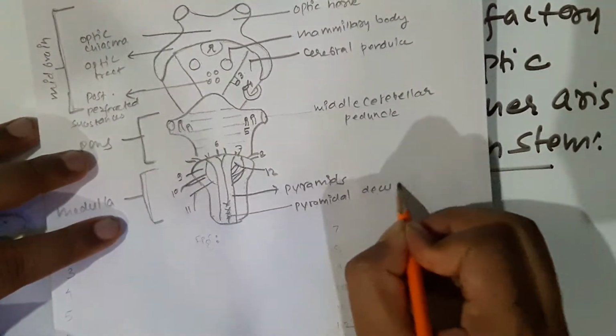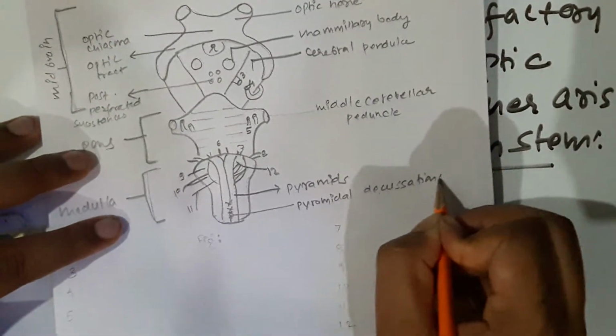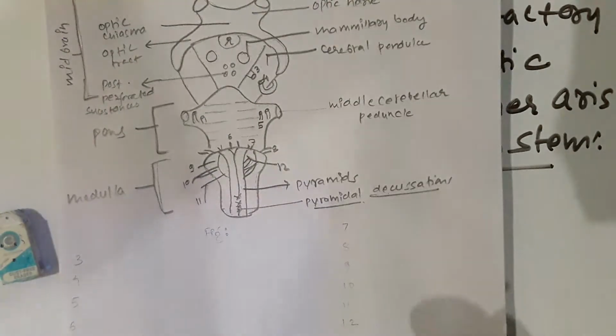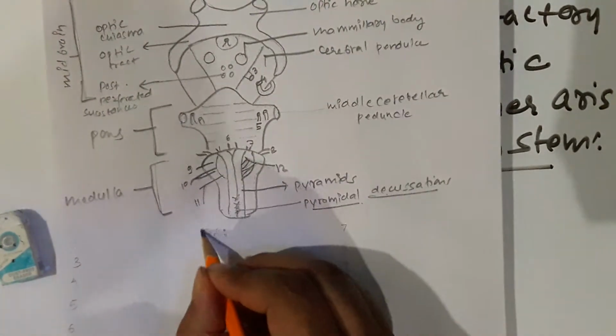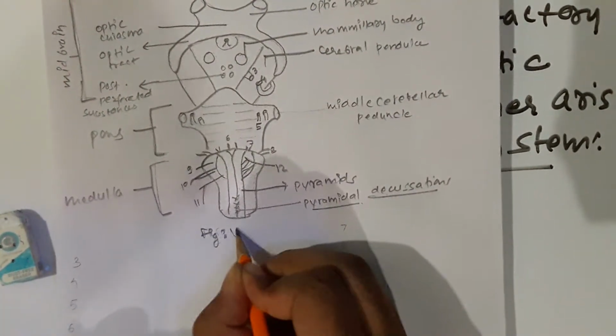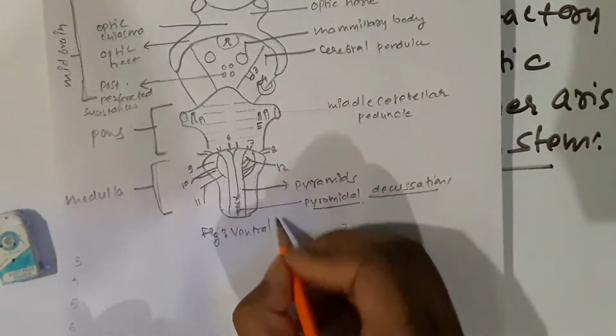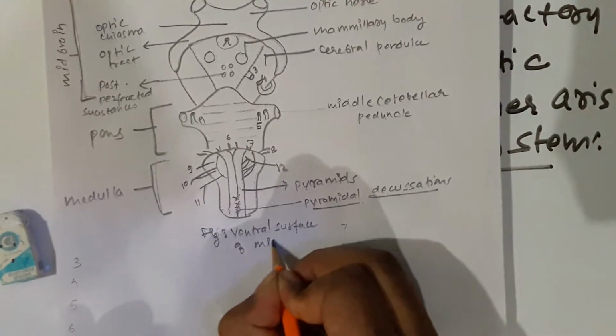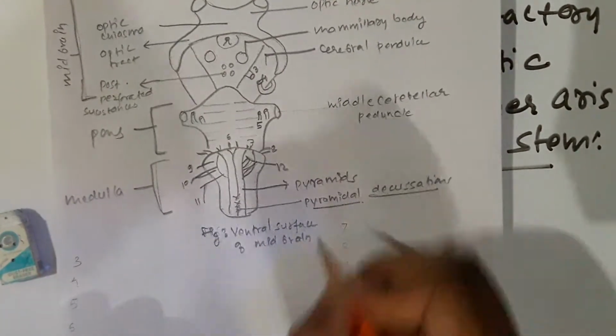The numbers 3, 4, 5, 6 represent the cranial nerves. So the figure is the ventral surface of the midbrain.